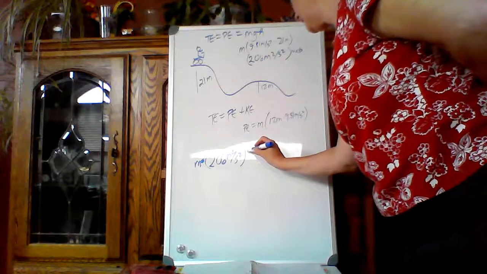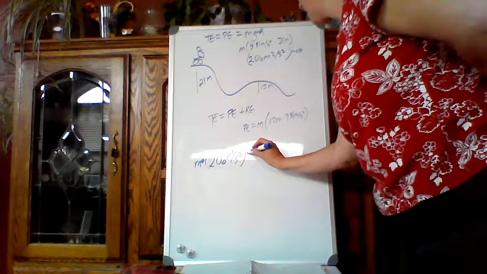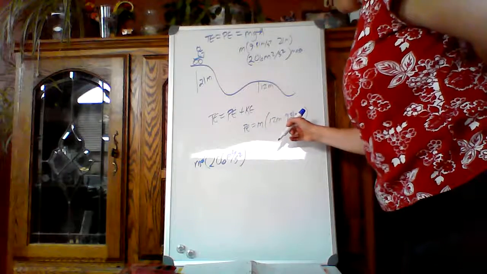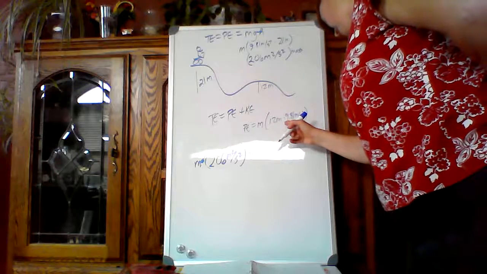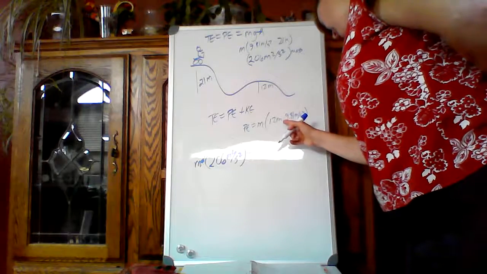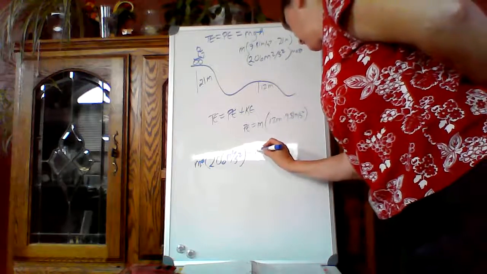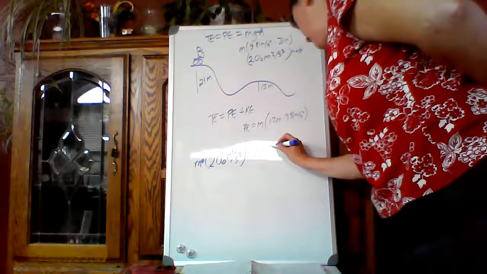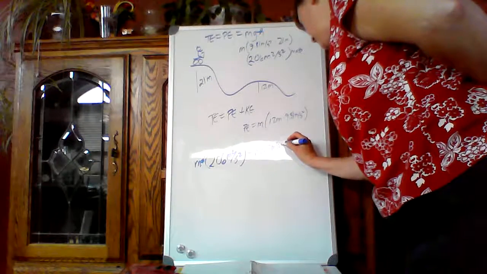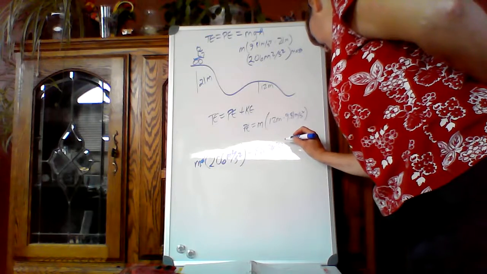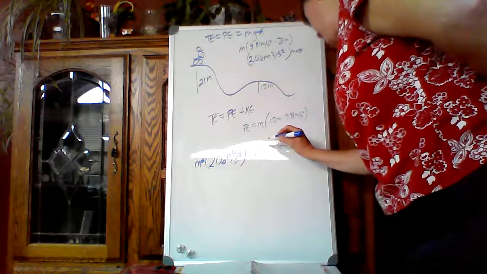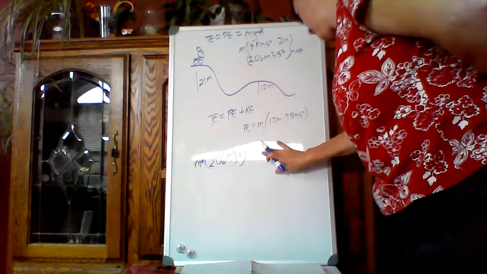So the total energy of the system minus this number here, which was 88.3 meters squared per second squared. I'm wrong, sorry.